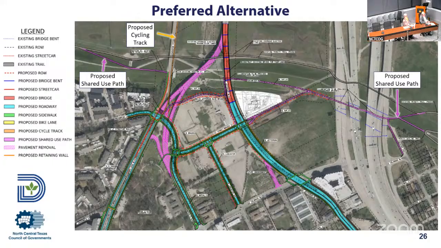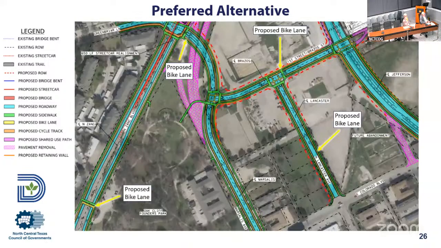You see other proposed shared use paths as part of the regional connection, and the proposed cycling track going on to the Houston Street Viaduct and its connection to the green network and yellow connections that you see of the integration of that neighborhood bicycle pedestrian connections to get to that particular facility.